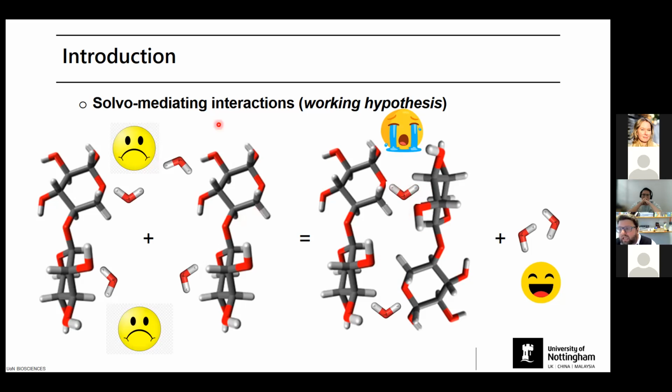But because you release some of these water molecules from the original two chains into the bulk, the happiness of these released molecules outweighs the negative impact of the confinement of these lubricating water molecules that form these junctions between polysaccharides. So this is the hypothesis that we are currently working on to prove exactly the state of these molecules.